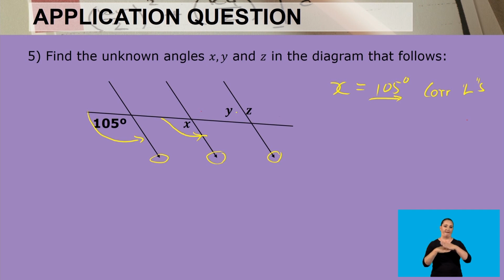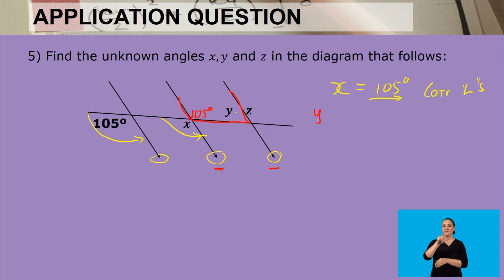Look at angle X, and angle X is opposite that angle here, and therefore if X is 105, that angle is also 105 degrees. And now, because the lines are parallel, those two angles are co-interior angles, and co-interior angles are supplementary.